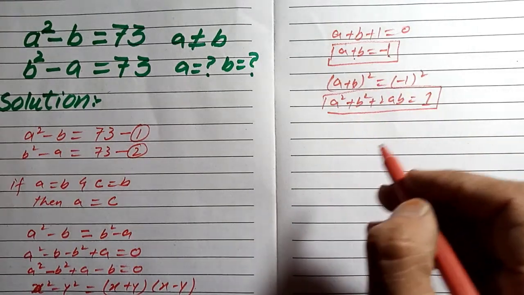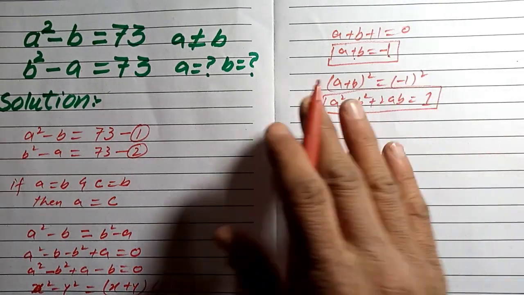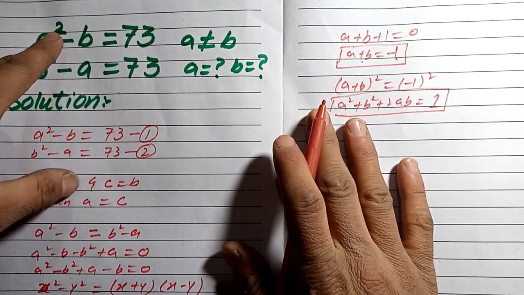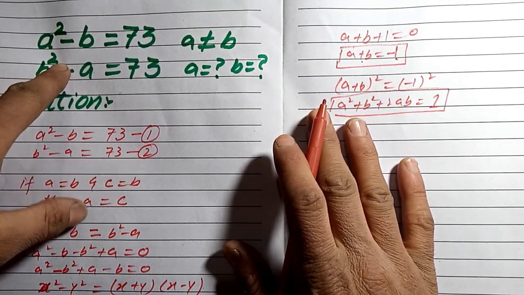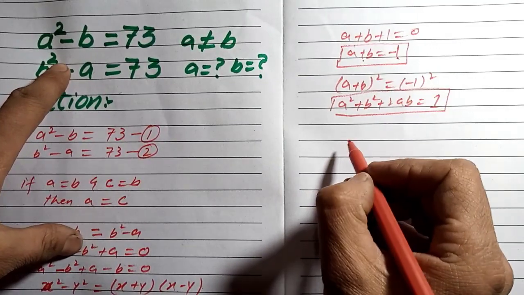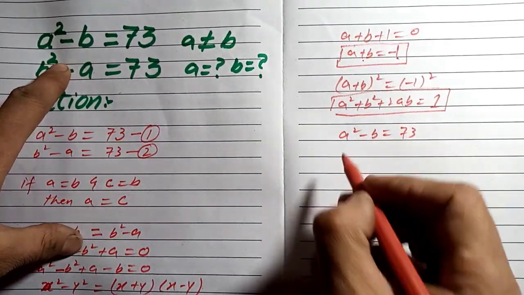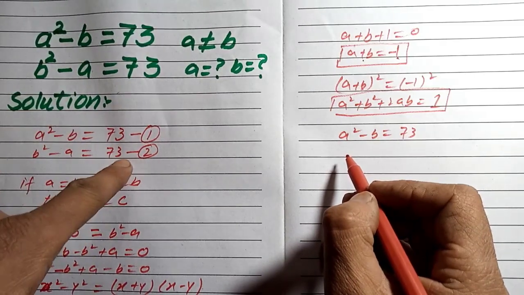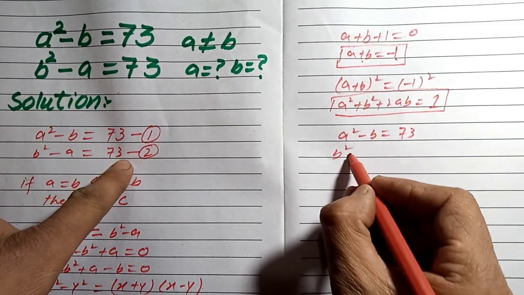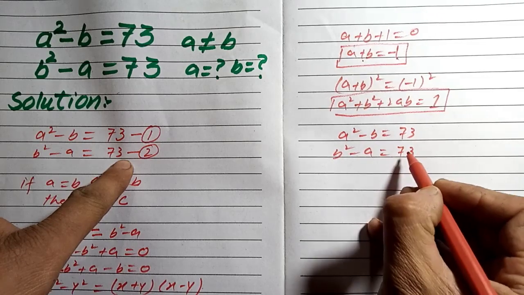First of all, we add equation 1 and 2. Equation 1 is a square minus b equal to 73, and equation 2 is b square minus a equal to 73.